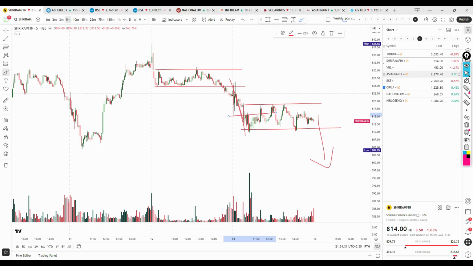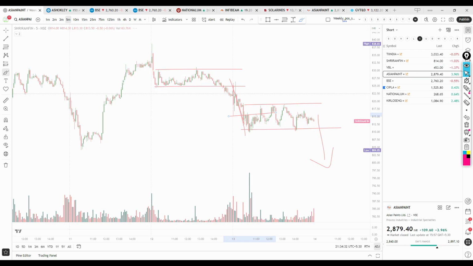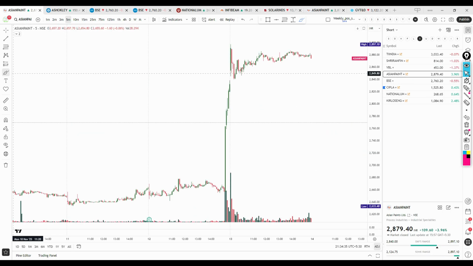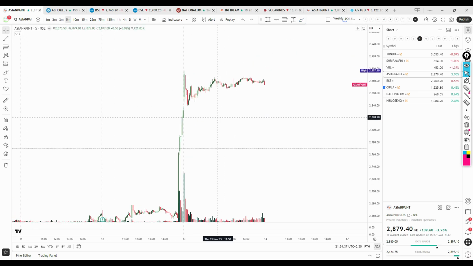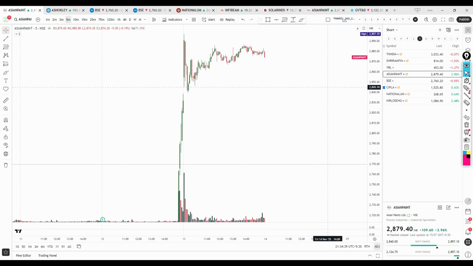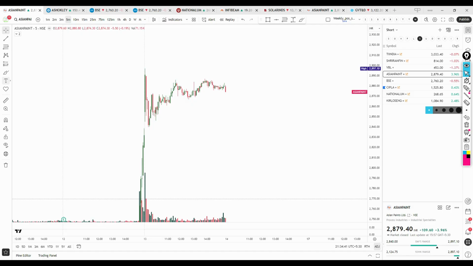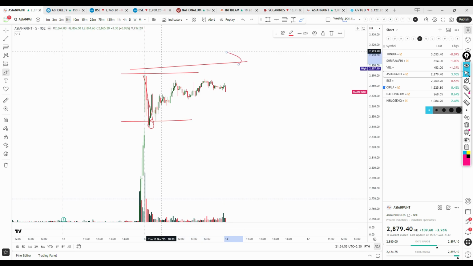And one more point, what I told you, right? In intraday or any day, this is the same thing. The market opened with a gap, went up, then it retraced back to the same level. That means the probability of making the next high is very less, almost zero.